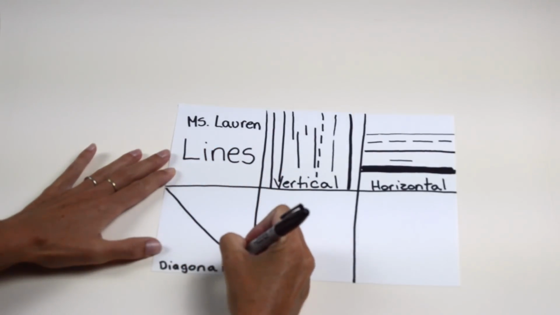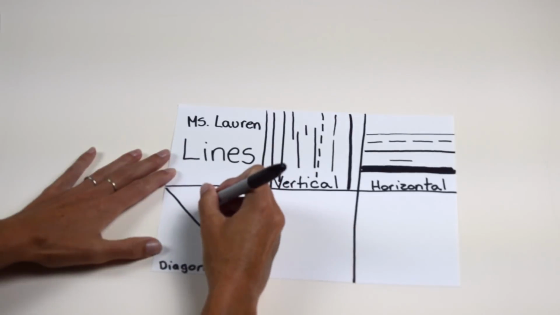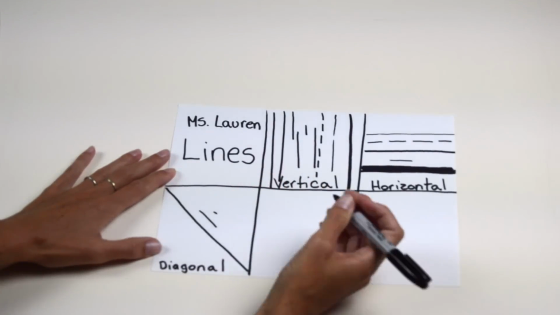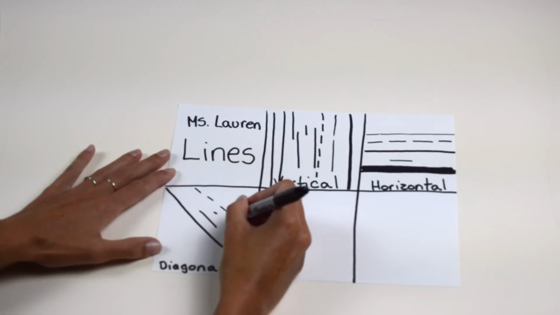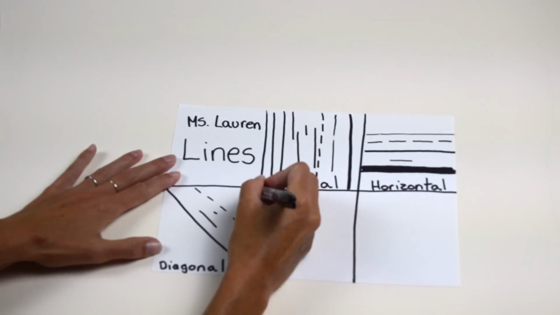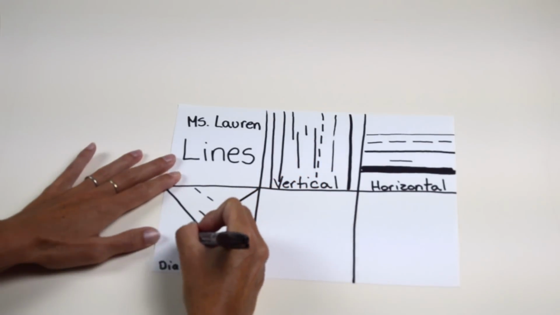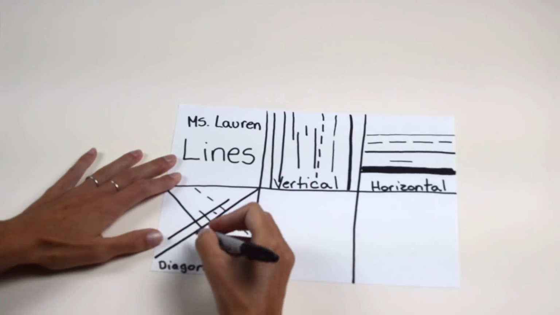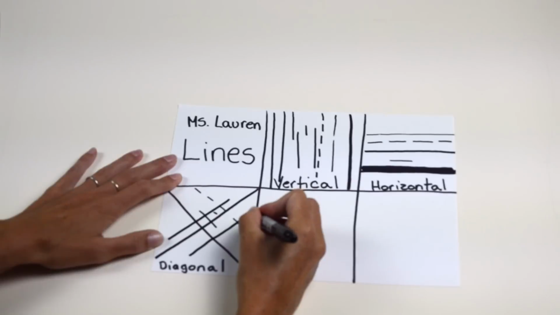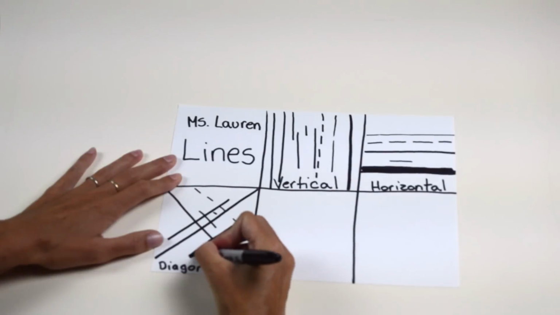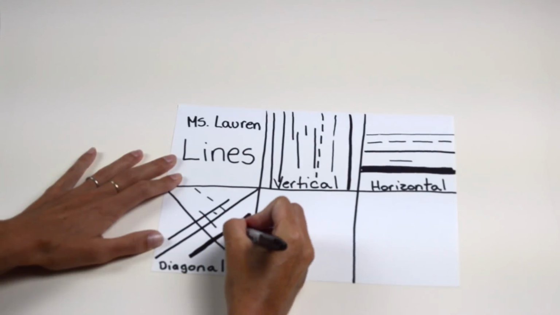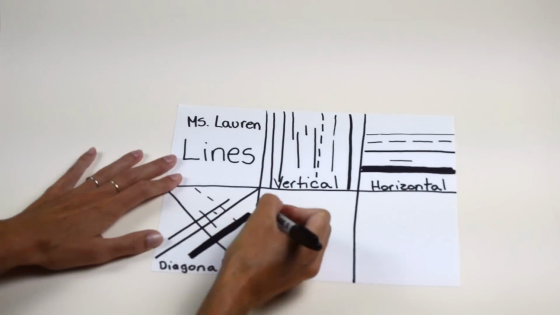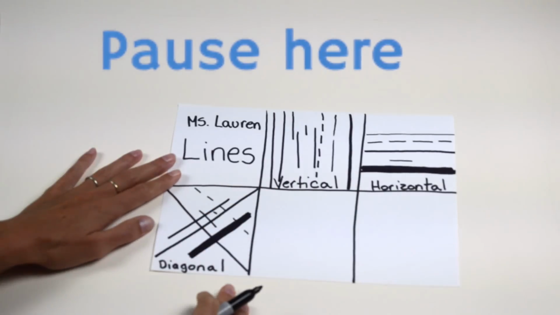And again, it can be long, short, super short, dotted, and it can even cross the other direction. It can be fat or bold and thick. And these are all types of diagonal lines. So go ahead and practice your diagonal lines in the box below your name.